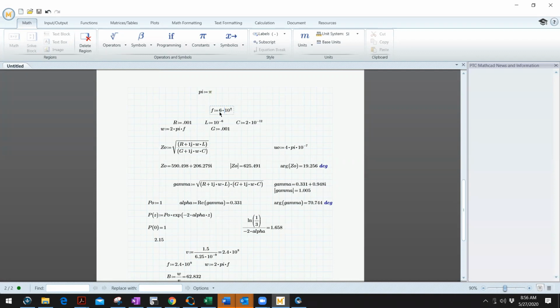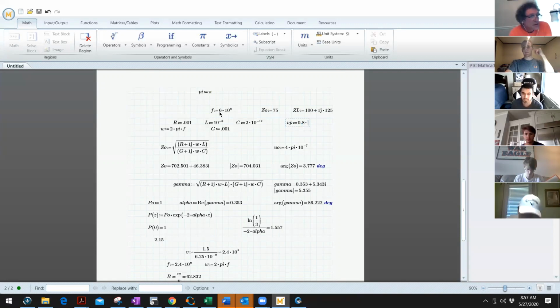The next thing is he gave me Z naught as 75, right? And then he gave me ZL as 100 plus 1J times 125. He gave me the phase velocity as 0.8 times C. Make sure C is 3 times 10 to the 8. And then I can get rid of all this stuff.